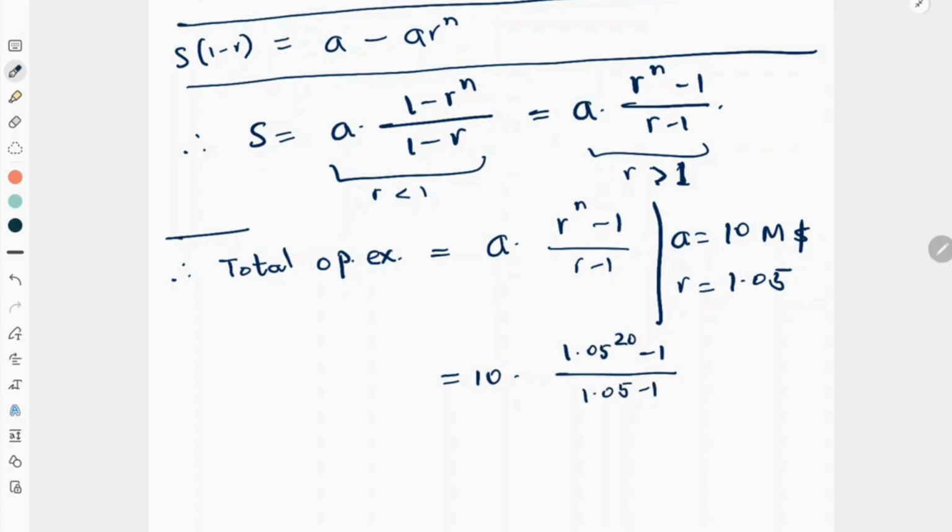So this is the sum of the geometric series, and I have calculated this sum. It comes out to be around $330.65 million.